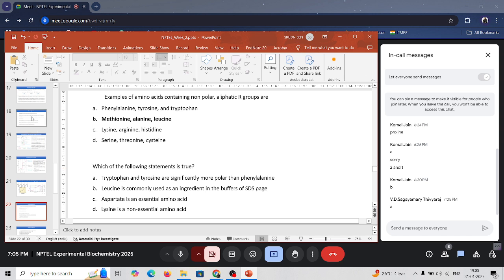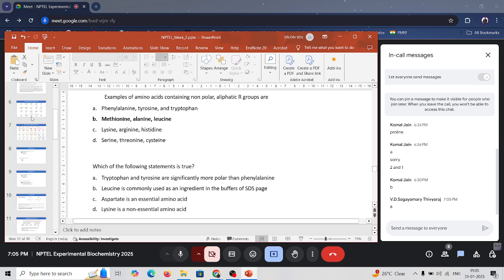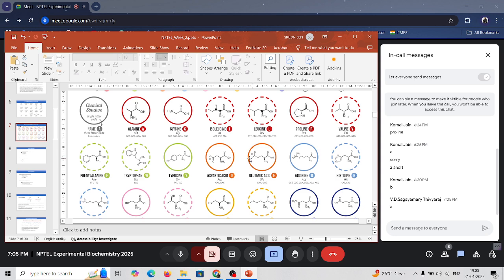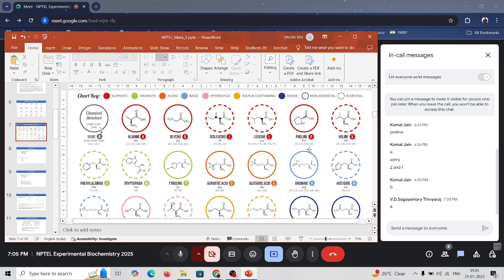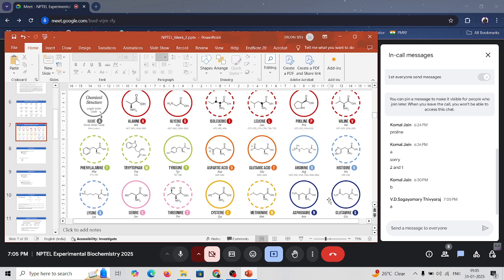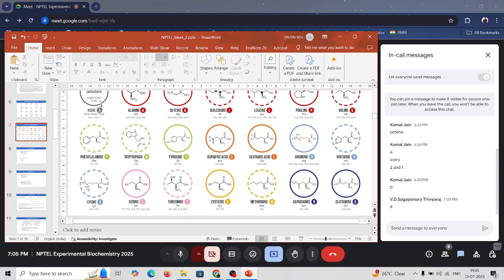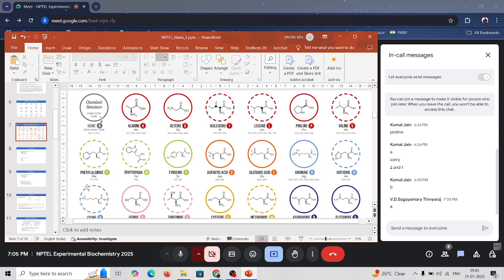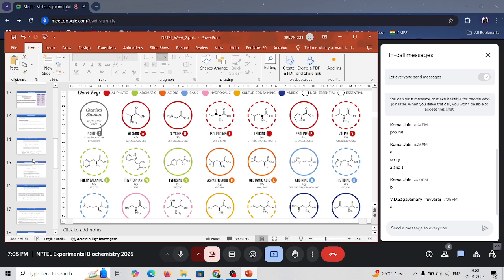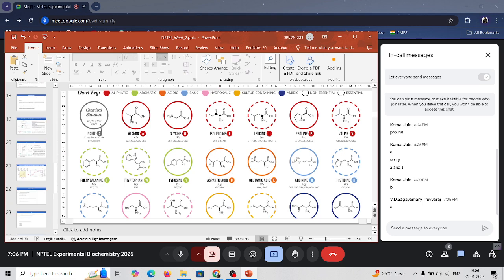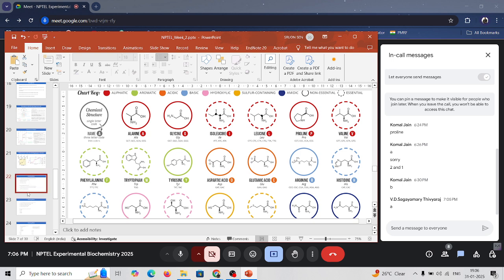Okay, A. Whether it's an essential or a non-essential amino acid, we can get it from over here. Lysine is an essential amino acid and aspartate is a non-essential amino acid.